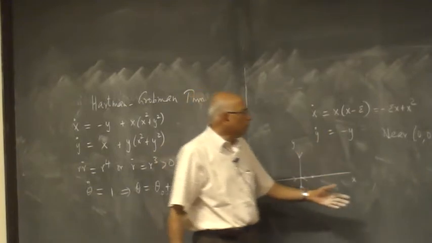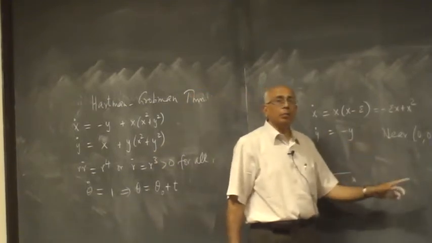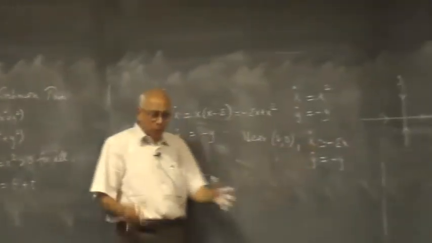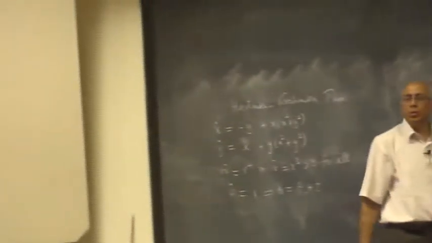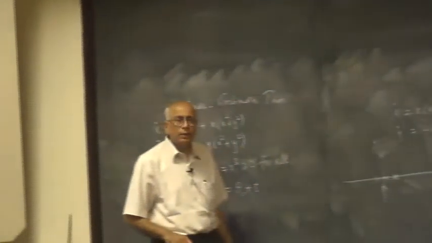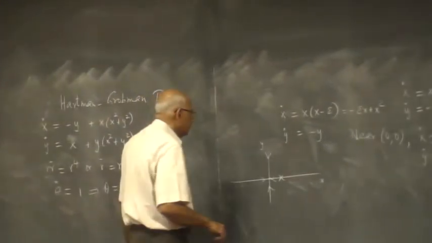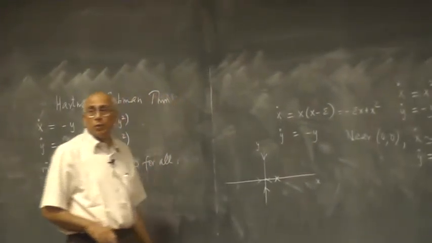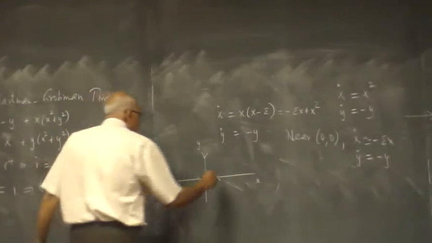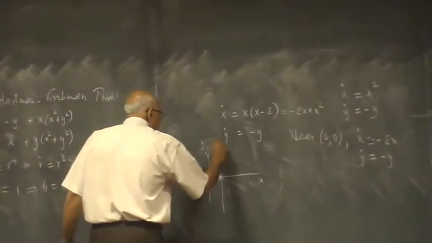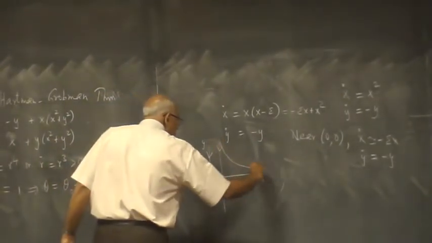And it's not hard to show that if you linearize near the point x equal to epsilon, so put x minus epsilon equal to u or something like that, then this will become a saddle point. Then the flow lines look very different altogether. They will look like this. This is a saddle, so you do this.